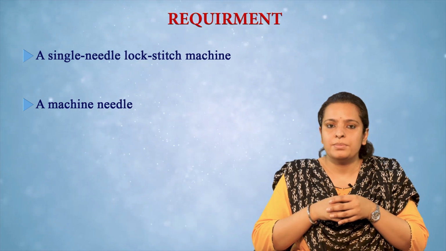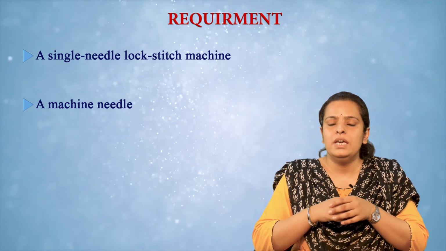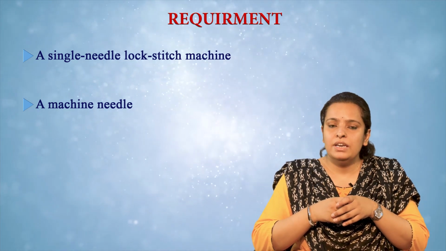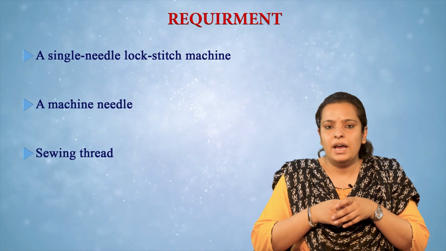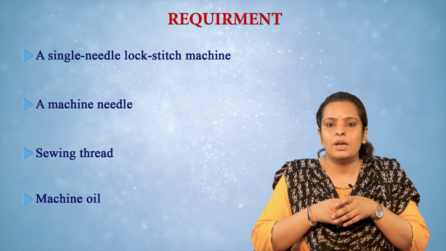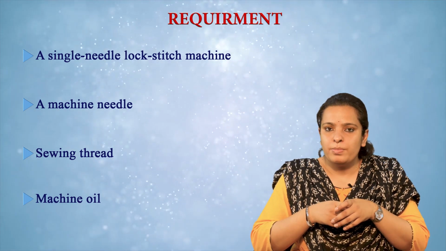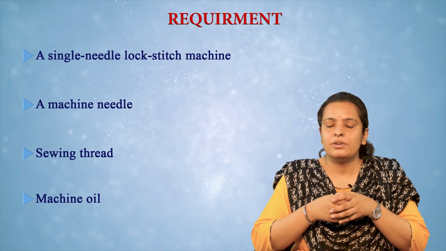So we need a single needle lock stitch machine, machine needles, different types of sewing threads and machine oil. All these 4 things we require while we are going to practice stitching or handle the sewing machine.